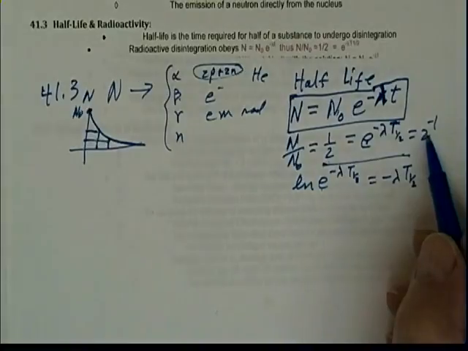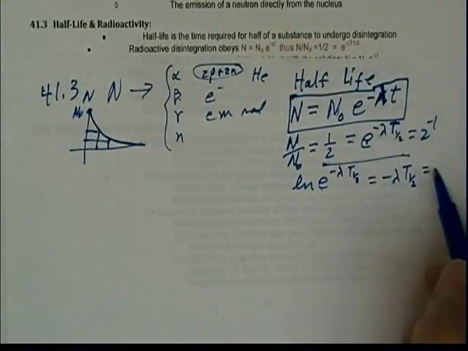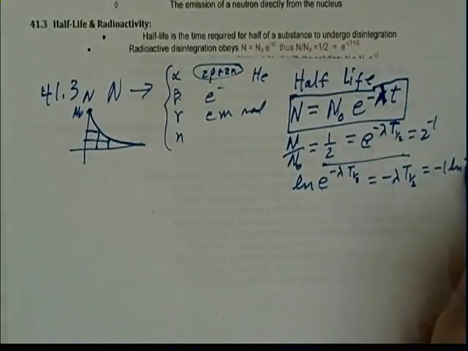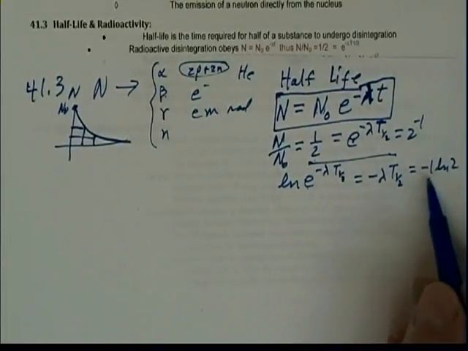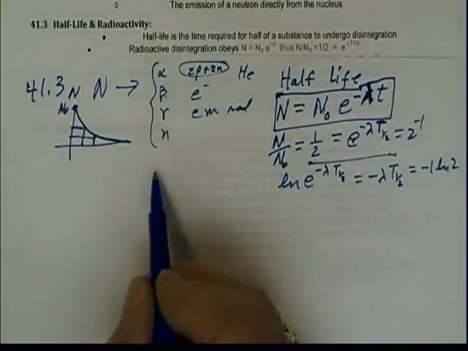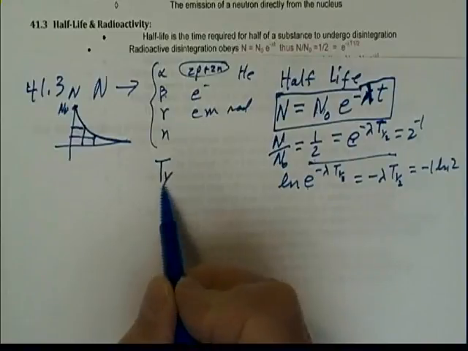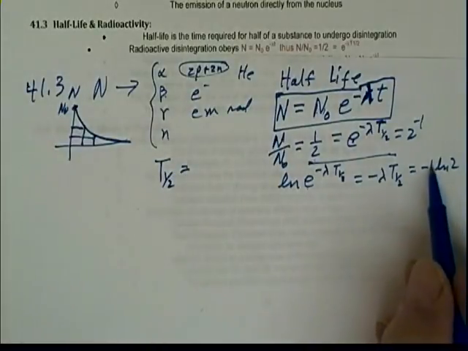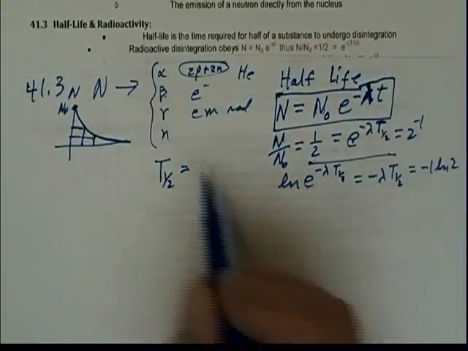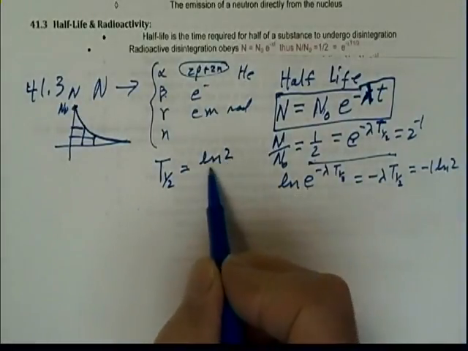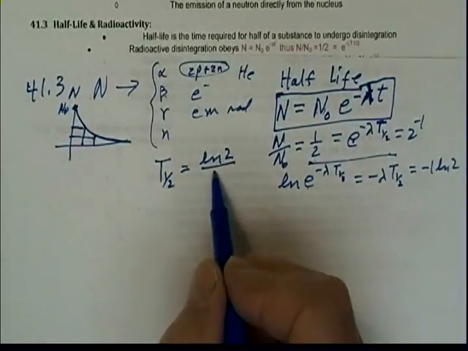And the natural log of 2 to the minus 1 is minus 1 times the natural log of 2. The minus signs cancel on each side. And so what I end up with is, remember this minus 1 cancels, so I divide through by lambda: the half-life is equal to ln 2, the natural log of 2, divided by lambda.